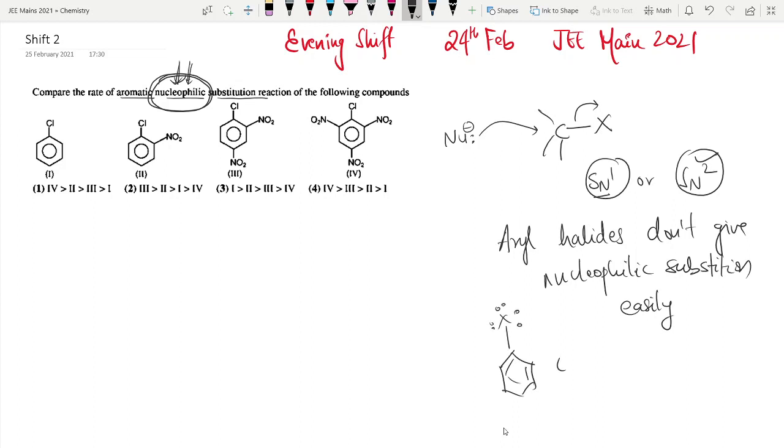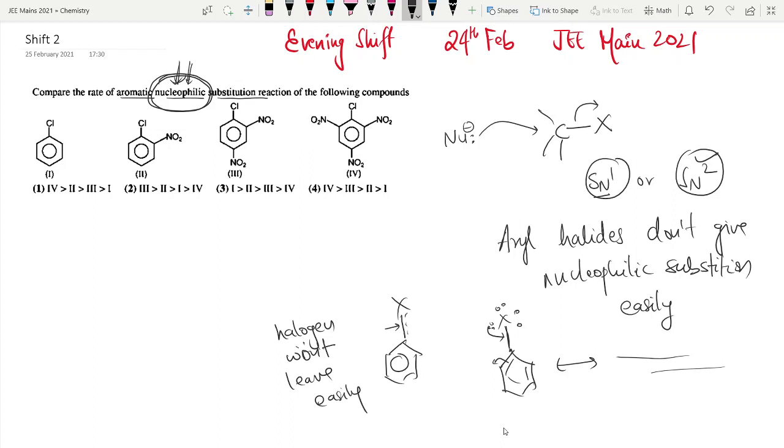Suppose this is a halogen: the lone pair of halogen is in conjugation, and after making a few resonating structures, you can understand that there is double bond character at this bond. So the halogen won't leave easily. That's why nucleophilic substitution is difficult with aryl halides.